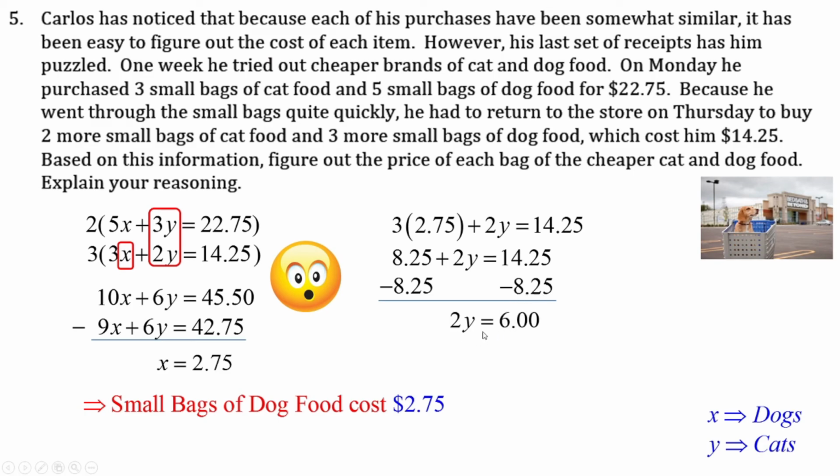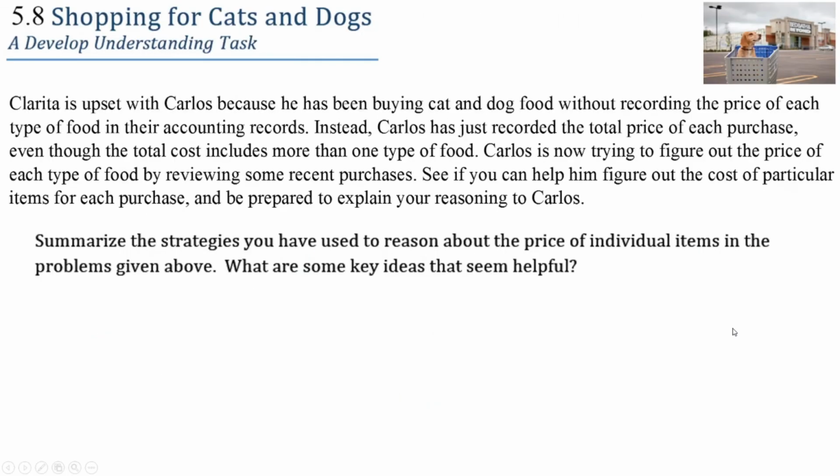So if 2 times Y is $6, isn't Y $3? Let's divide and check. That implies small bags of cat food cost, cancel those 2's, and Y is $6 divided by 2, which would be $3. Nice. All right. Okay, that first paragraph is our original paragraph, so let's jump right down here.